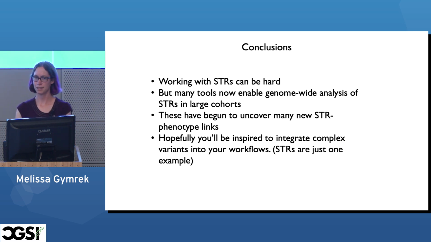I hope you'll be inspired to think not just about single nucleotide variants, but to branch out to more complex variants and how they might be implicated in whatever trait you happen to be studying. STRs are just one example. I think there are probably many types of genetic variation that we are still relatively blind to and could really gain by thinking about how to incorporate these more complex variants into our workflows.